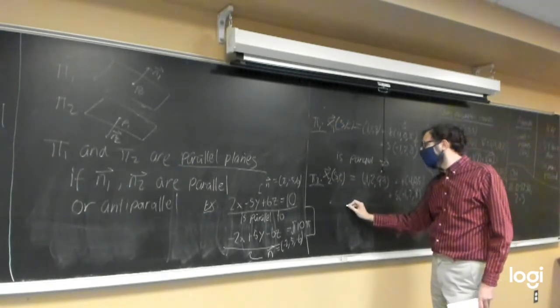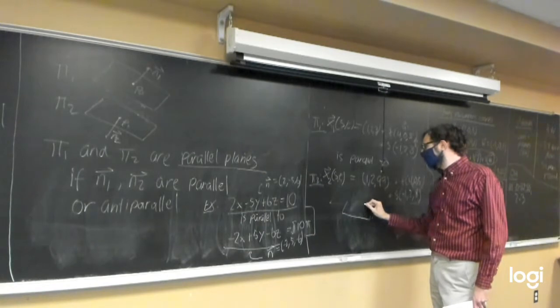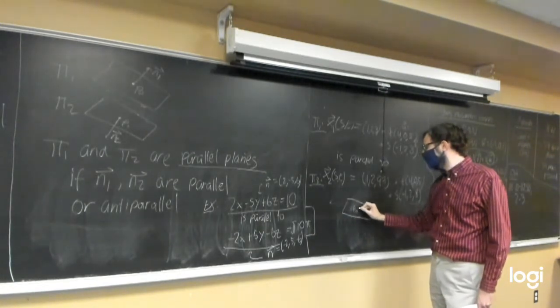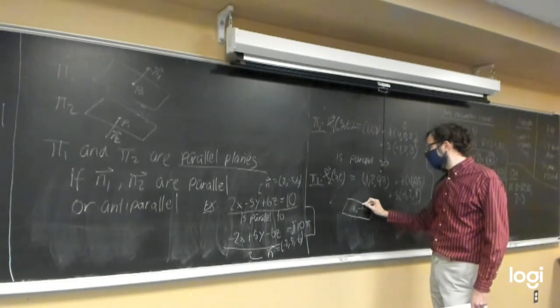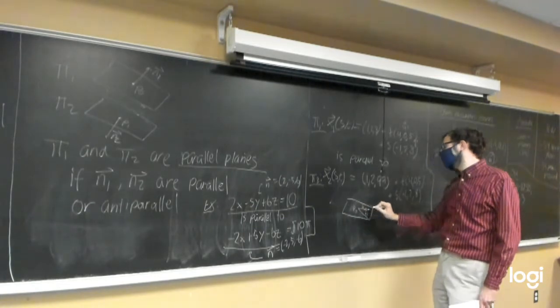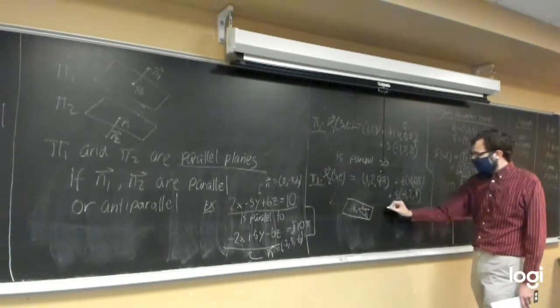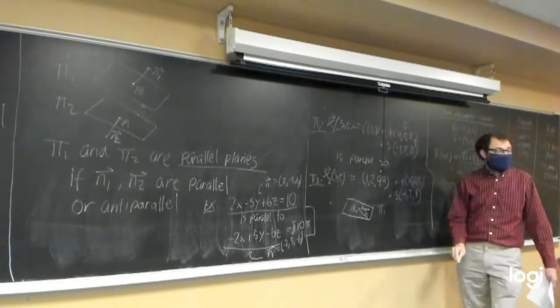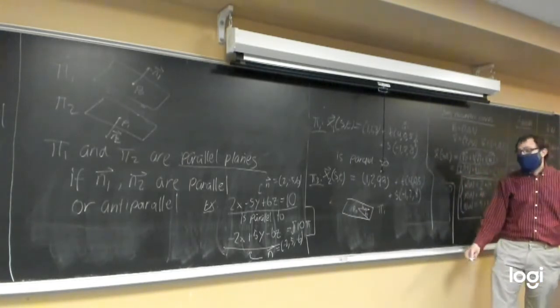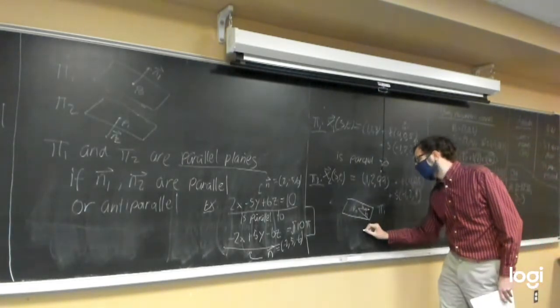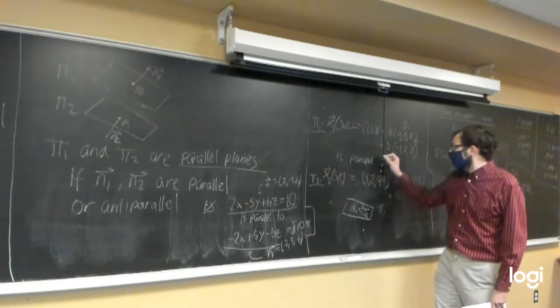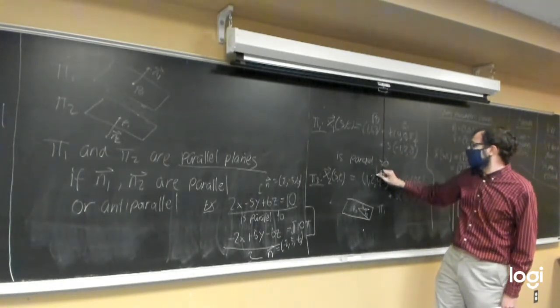If we graphed pi 1, we'd end up with something like this, where we have a p naught point here, and a vector a, and a vector b sticking out of p naught. If we wanted to graph pi 2, we'd pick a different starting point, like down here. If this is p naught, this can be our p1.